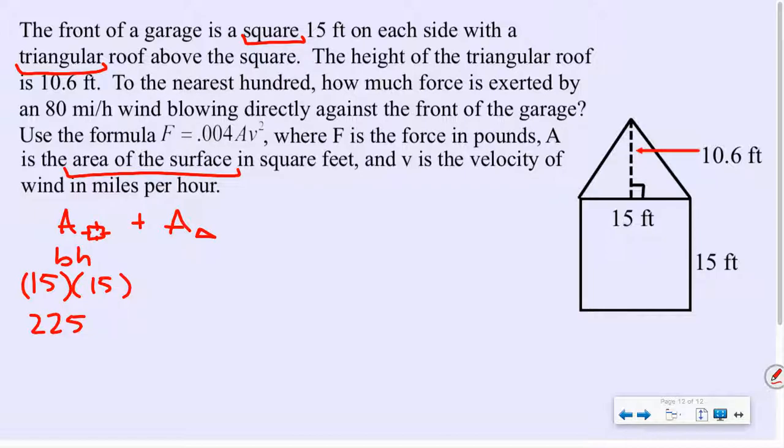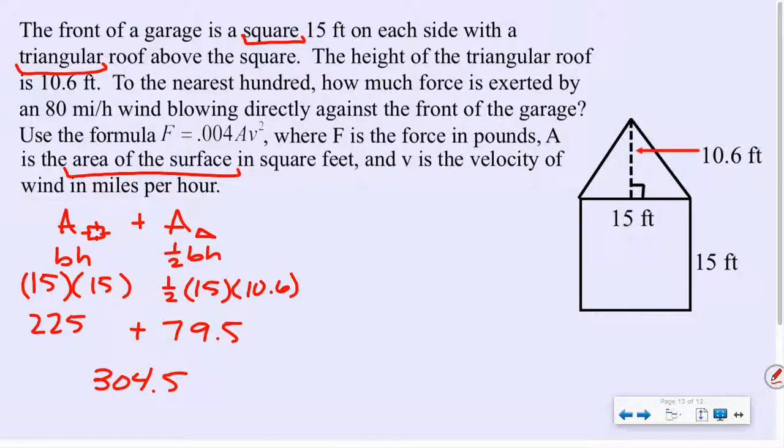Base and height and then half of that. Good. On my triangular roof, Cole, what's the base? 15. And its height? And 79.5. Sure. 304.5. Can you add them together?